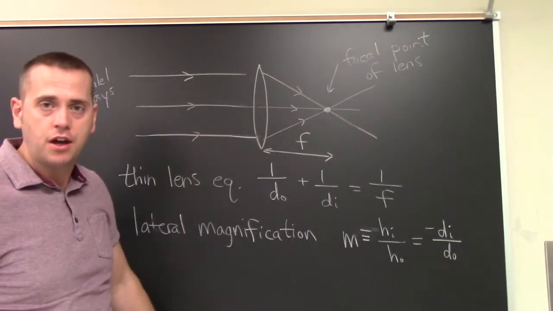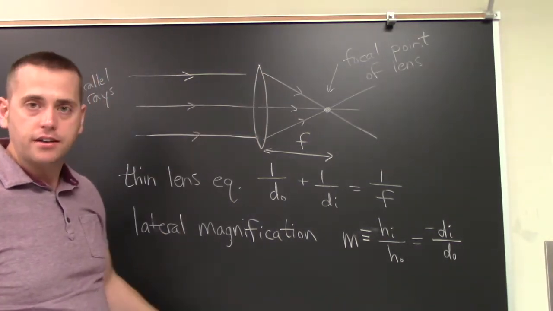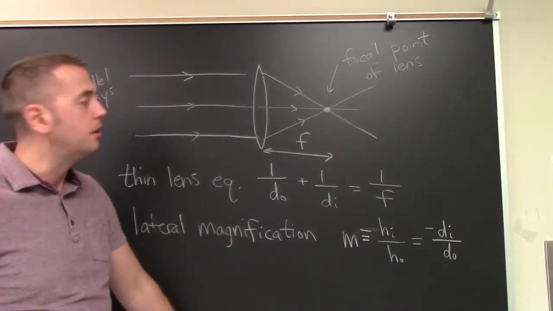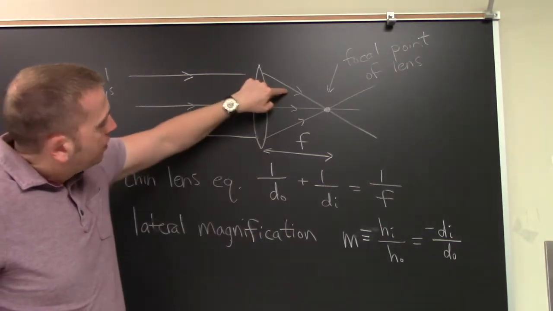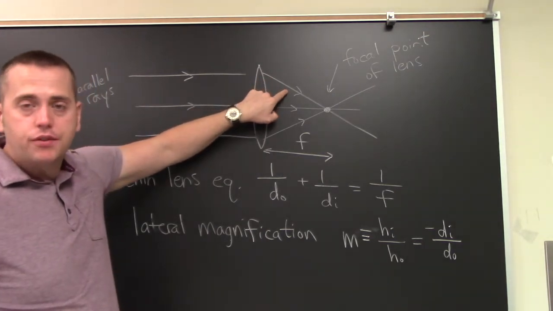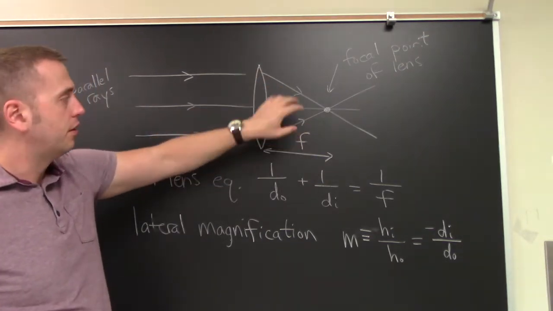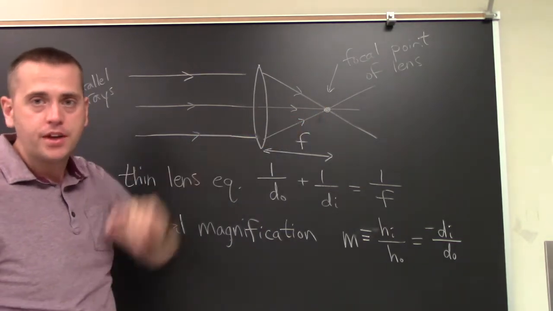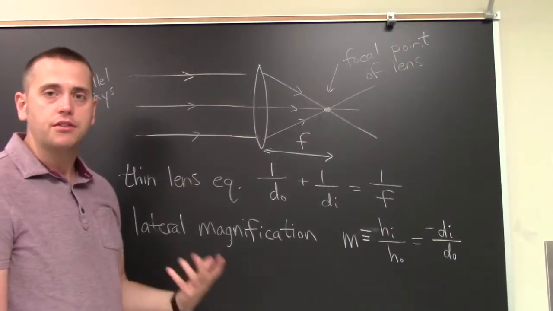This is just Snell's law telling us that rays will bend or change direction after going into a new medium. On the other side of the lens, we notice that all of these rays are now converging. They're going towards the same common point, which we see over here. And that's what we call the focal point of the lens.